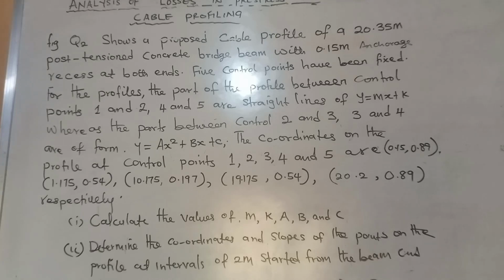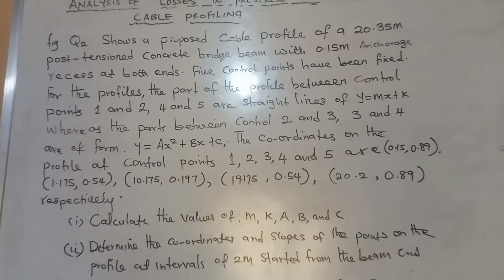Now for us to take these losses, we need to first of all get the expression for the profile. The expression for the profile is two basic expressions, one is the equation of a straight line, the other is a parabola in between the beam. Once we are able to obtain the expression for the profile, we can obtain the slope at every point, and as well we can obtain the losses that will be encountered along the beam during prestressing or during the service life of the structure.